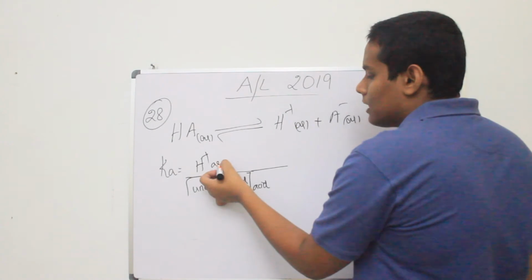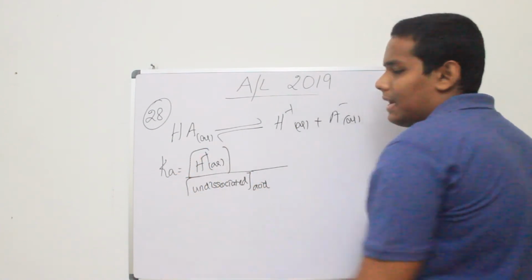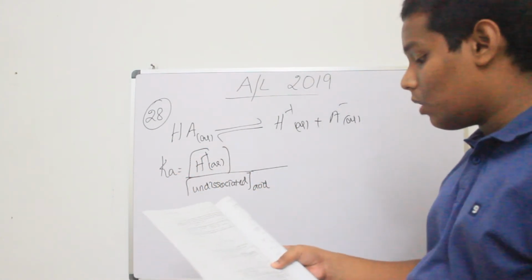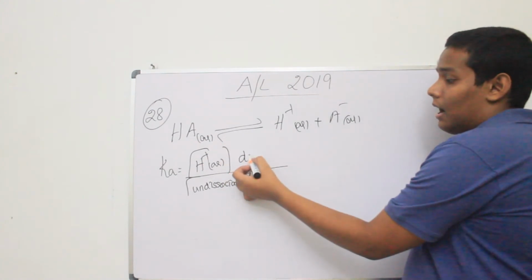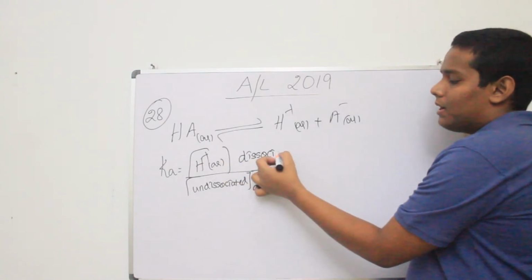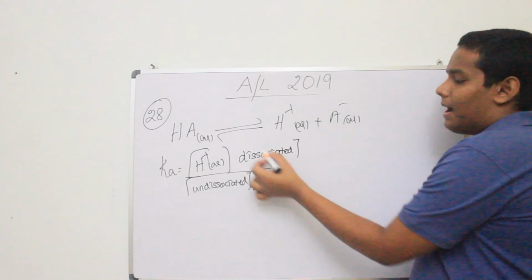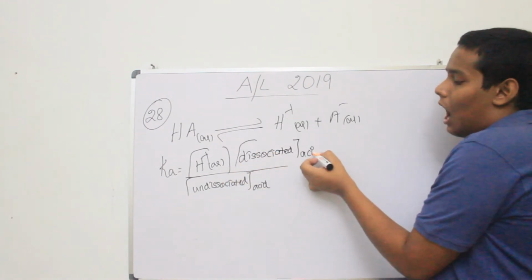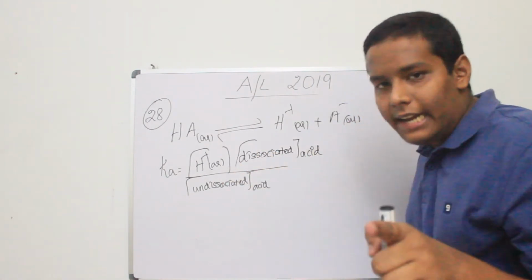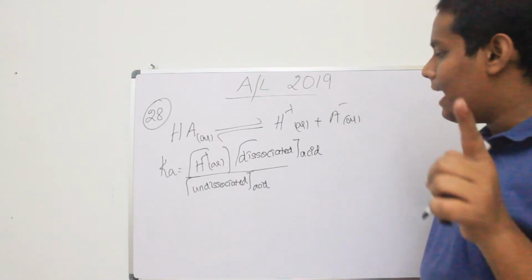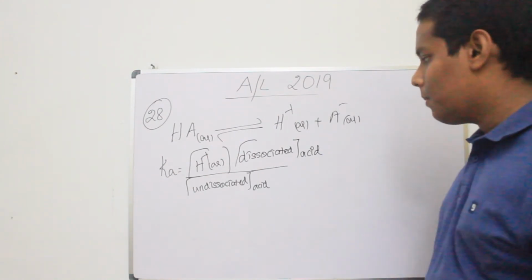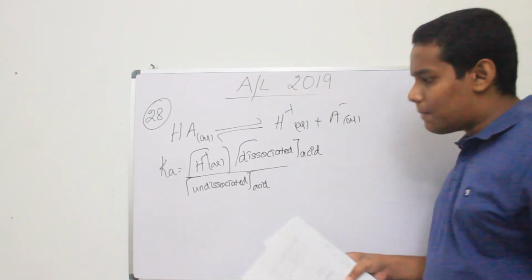Down, up: H plus aqueous into A minus. What is A minus aqueous? It is equal to the amount dissociated. The dissociated amount is equal to the concentration of A minus aqueous that is formed. So here we need to solve for H plus.